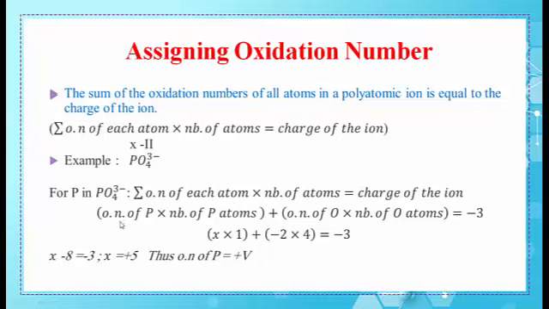The oxidation number of P, which is X, multiplied by the number of P atoms, which is 1, plus the oxidation number of oxygen, which is -2, multiplied by the number of oxygen atoms in this ion, which is 4, is equal to -3, the charge of this polyatomic ion. We find X is +5, thus the oxidation number of phosphorus is +5.